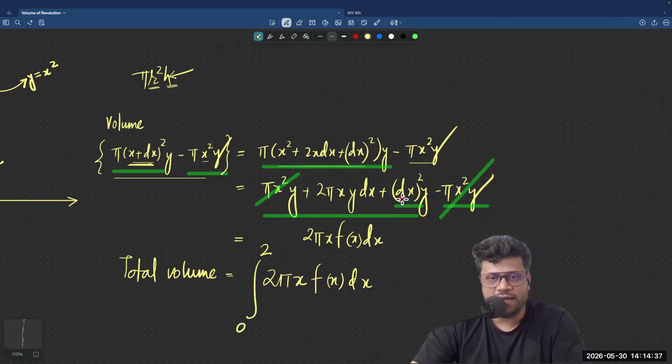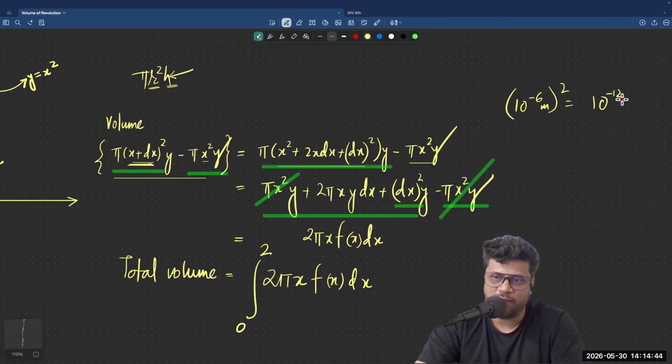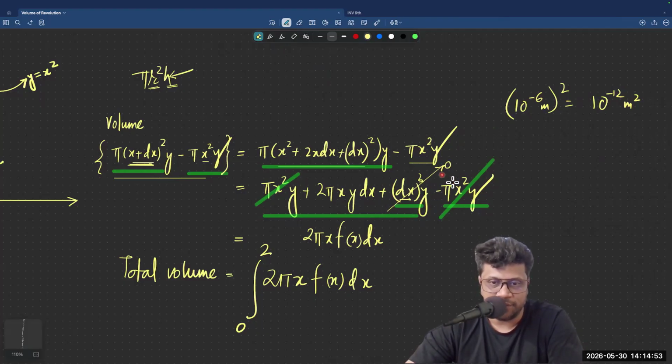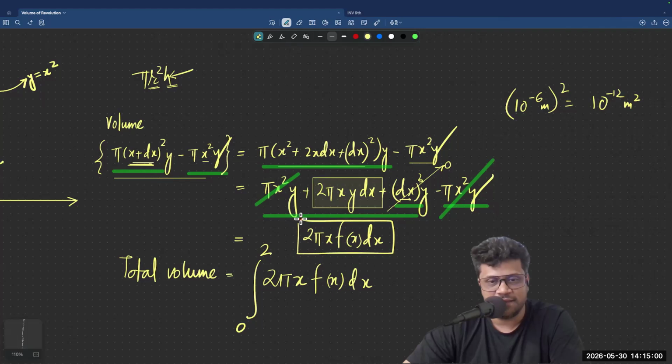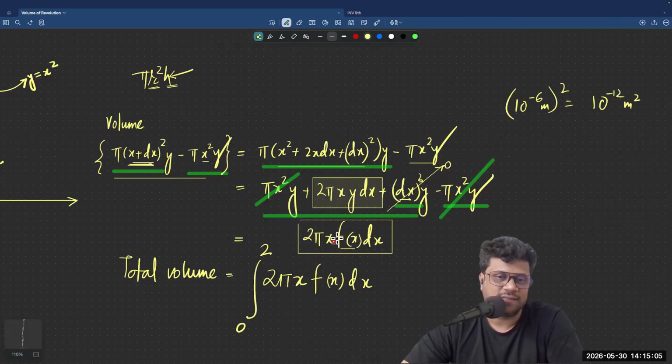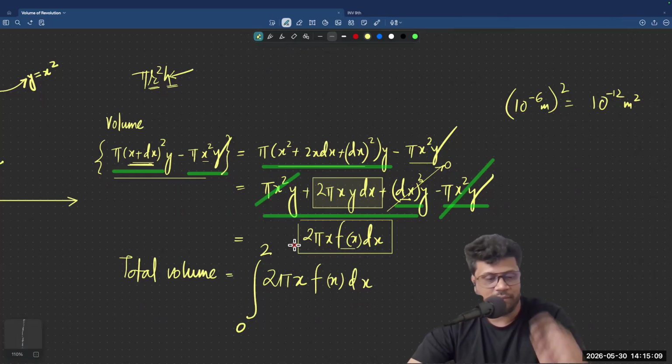Look at a quantity as small as dx, let's say 10 to the power of minus 6 meters. Square it, and you end up with 10 to the power of minus 12 meters square. So dx squared is a very small quantity, and we simply ignore it. What you're going to remain with is this thing. And that is why the formula is 2 pi x y dx, where y can be written as f(x). So the volume of that little strip is 2 pi x f(x) dx.